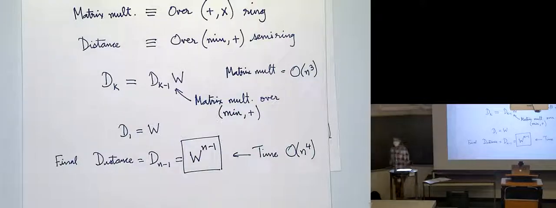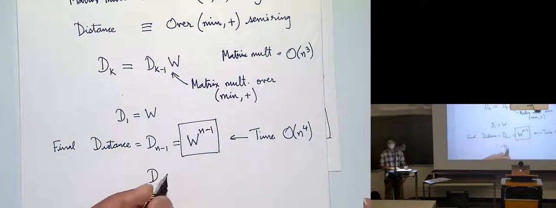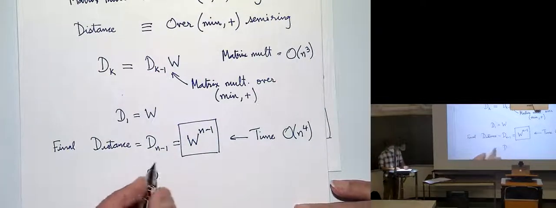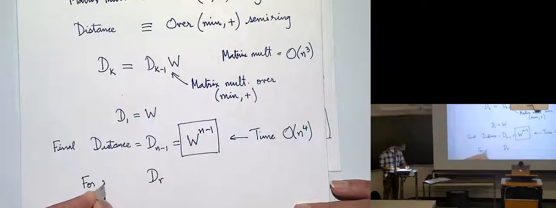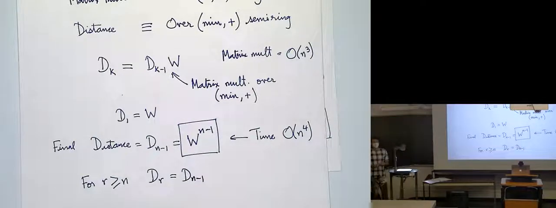But this perspective is very useful. Note that even if you did d of something larger, let's take d_r for r greater than or equal to n, it is just equal to d_{n-1}.